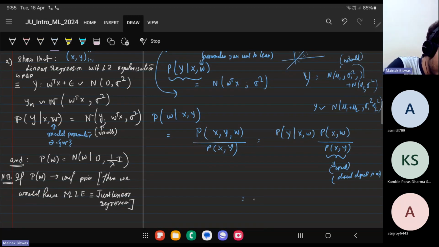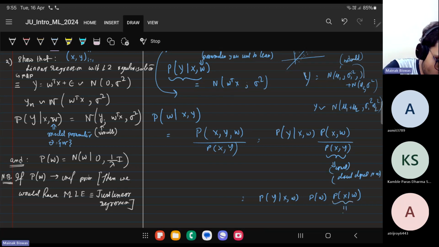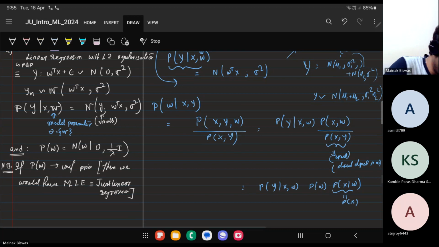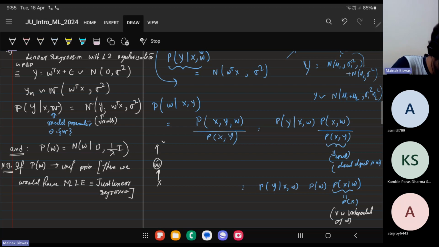Similarly, in the numerator, can I write P of Y given X comma W into P of W into P of X given W? Yes. This is also equal to P of X because X is independent of W. You are using X to predict Y, so your X is already the data distribution.